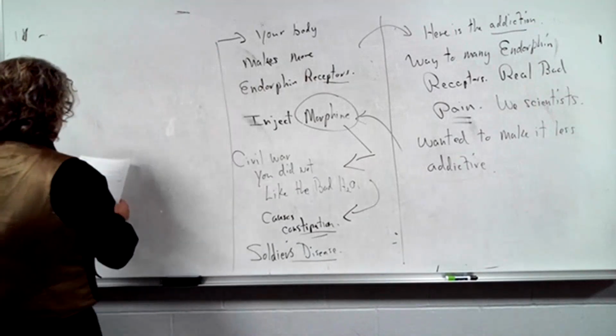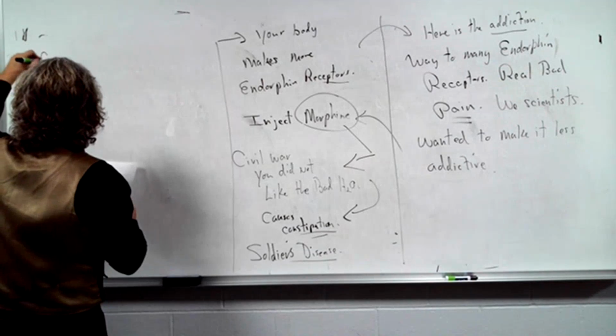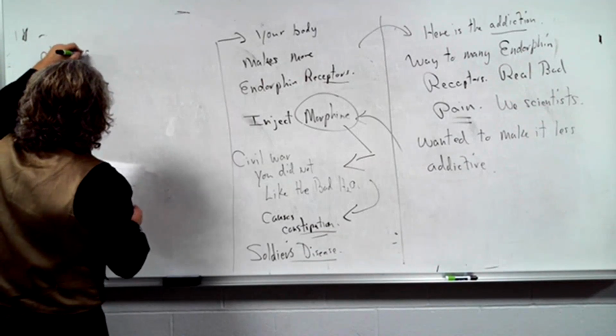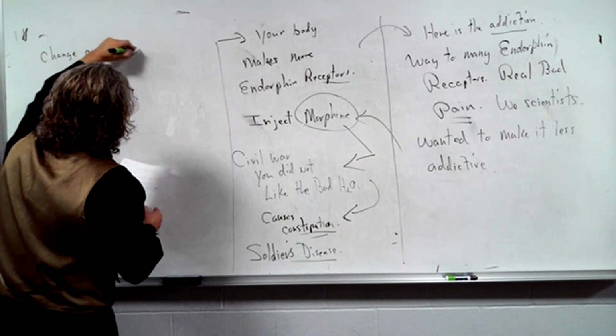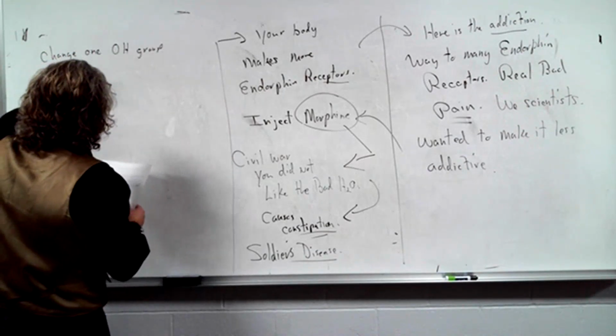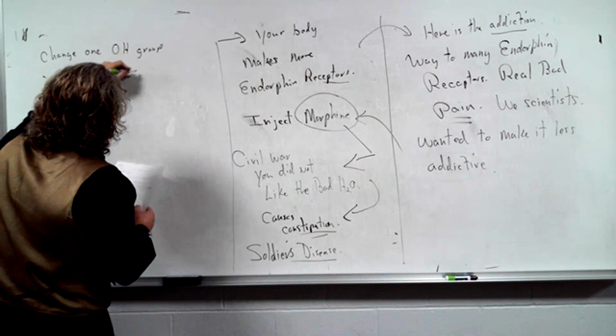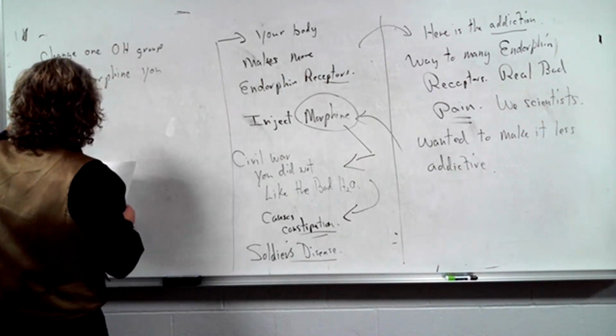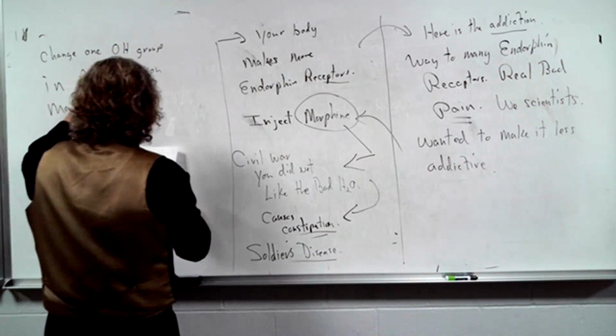So anyway, getting past that, if you change one OH group in morphine, you make codeine.